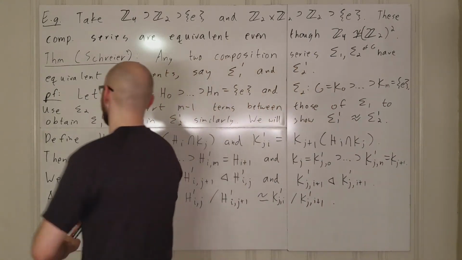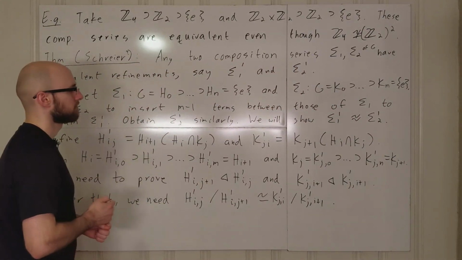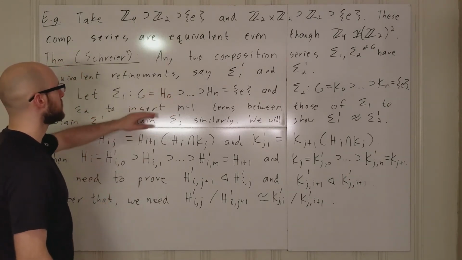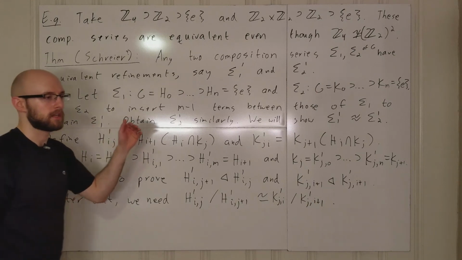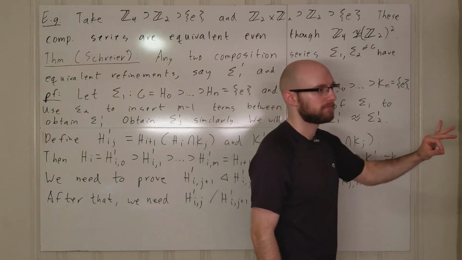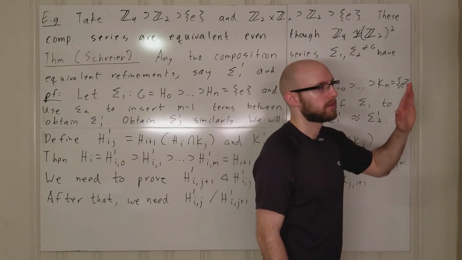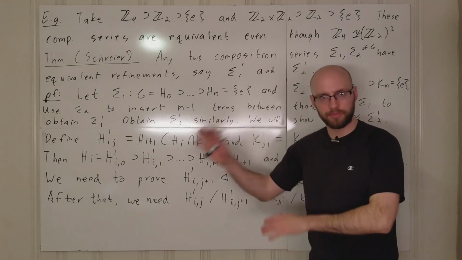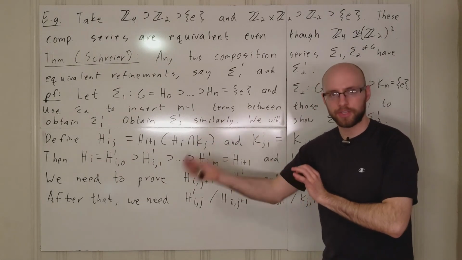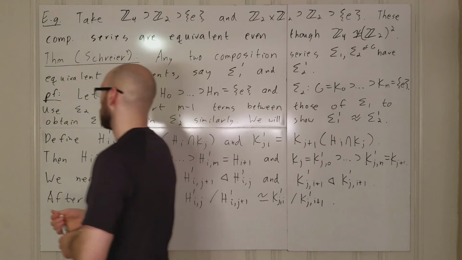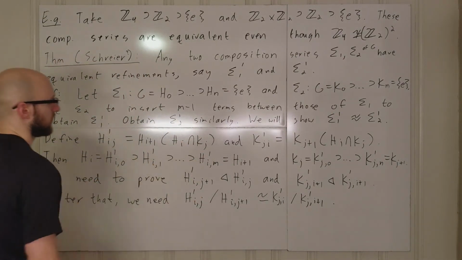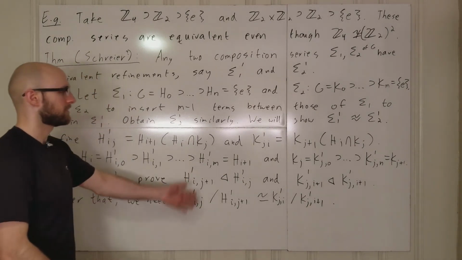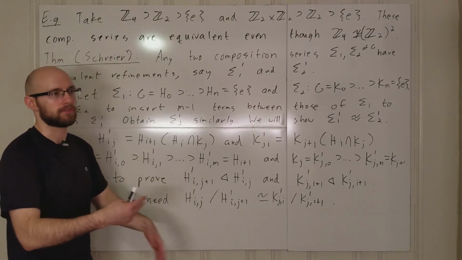What you're going to get in the end is that for every single graded piece in sigma 1 prime, you're going to get an isomorphic graded piece in sigma 2 prime. And the relation between these graded pieces is going to be bijective. And that's exactly what we need for these composition series to be equivalent: we need that relation between the graded pieces.